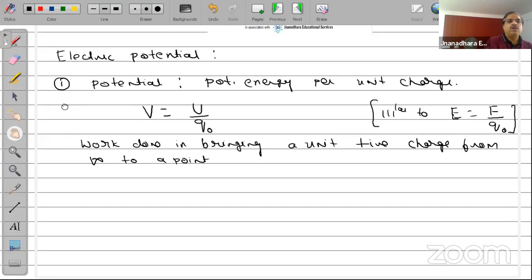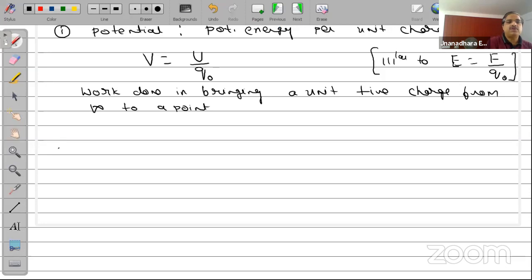So what will be the potential because of different configurations? Let us look at that. Potential due to a point charge.